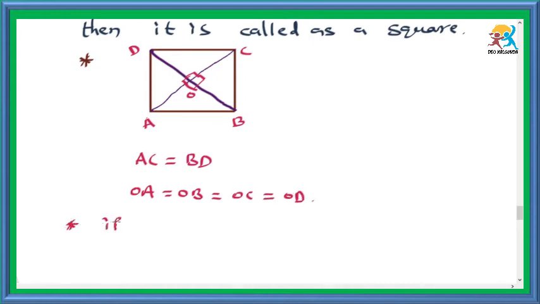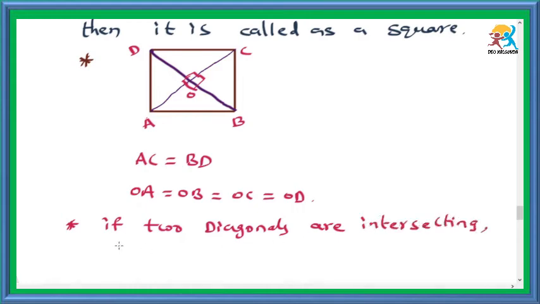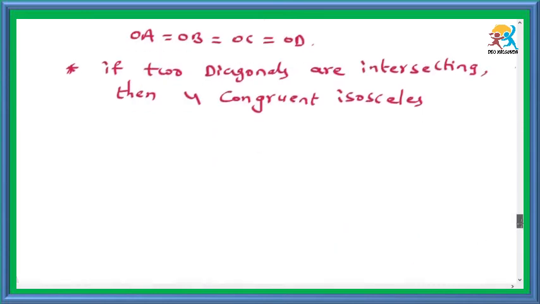If two diagonals are intersecting, then four congruent isosceles right triangles will be formed.